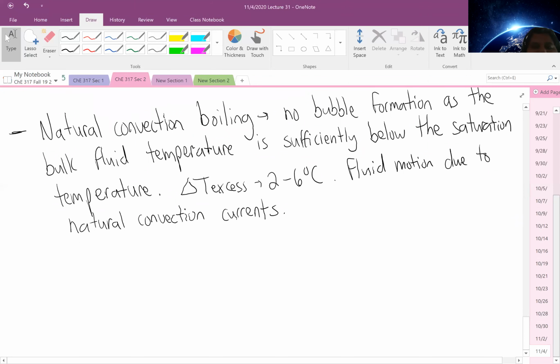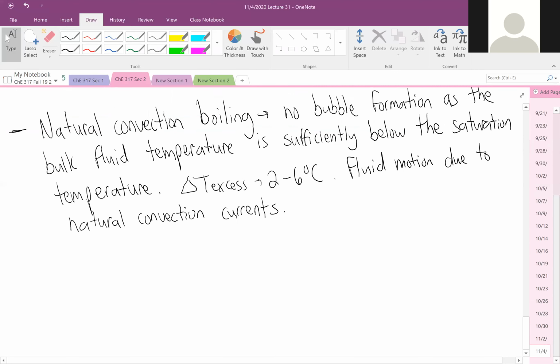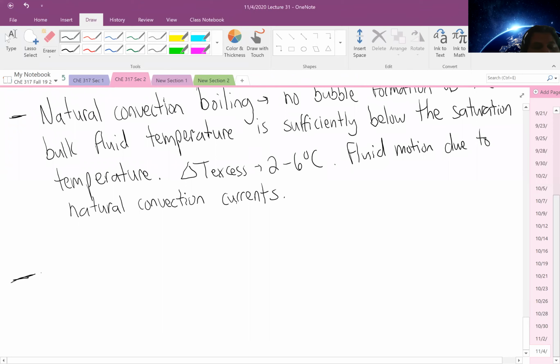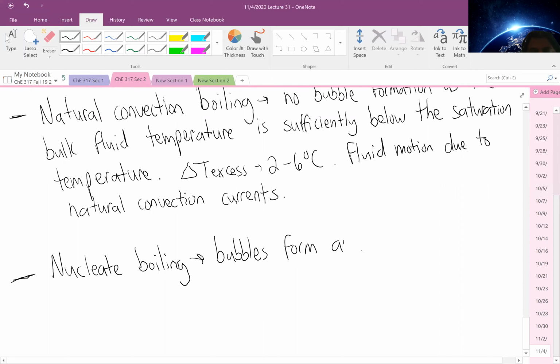Then, as we continue along our boiling curve, we get to what's known as nucleate boiling. In this stage, bubbles form and initially collapse in the fluid.